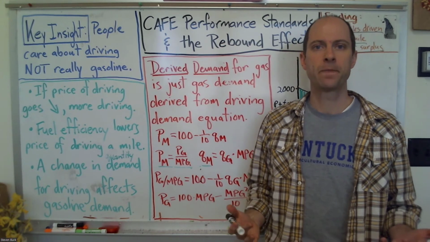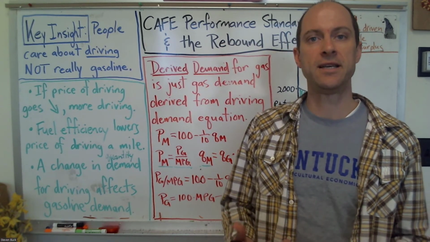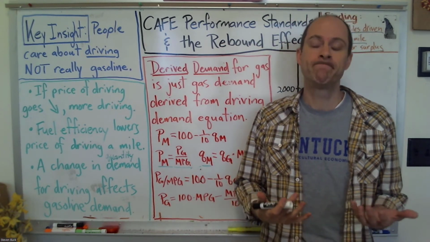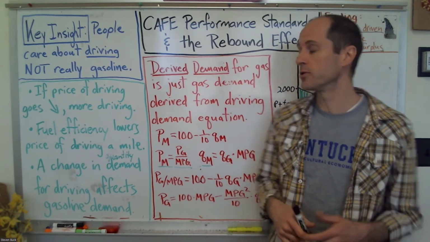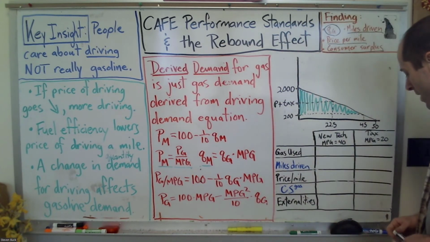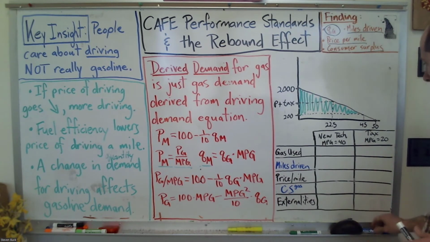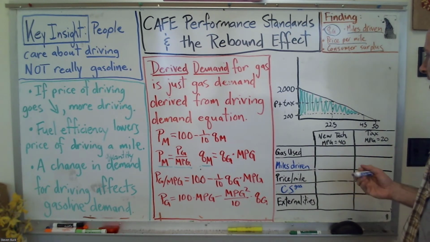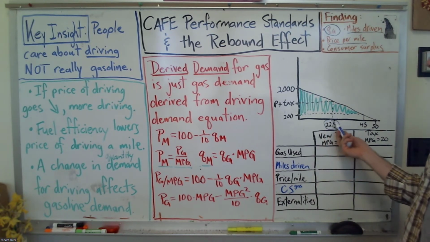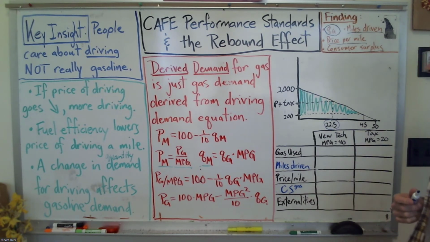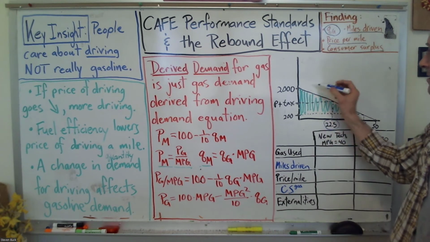Consumers don't like that. The clearest way to see how consumers are affected, I would argue, is to look at the consumer surplus. Well, what happens with the consumer surplus under the tax? Now consumers are only consuming 22.5 gallons and they're paying a higher price.